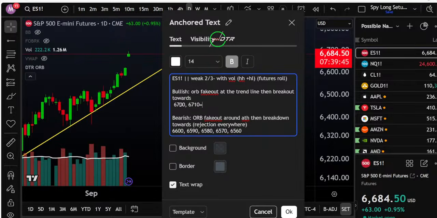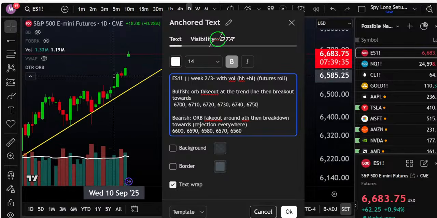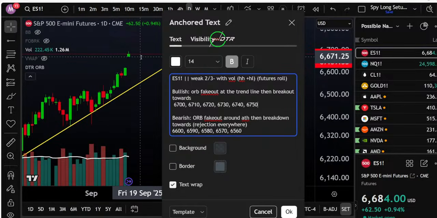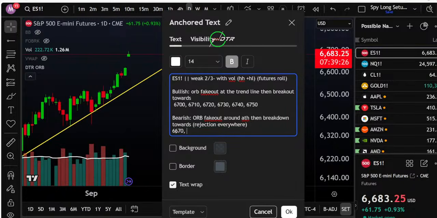We go 6,710, 6,720. And then to the downside, we're looking for a crack towards 6,670, and then down towards 6,600.